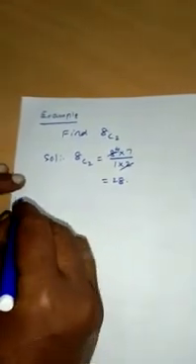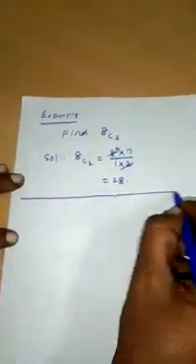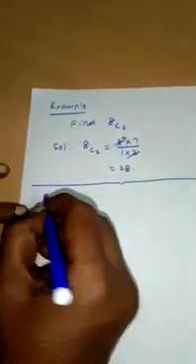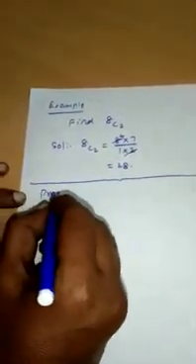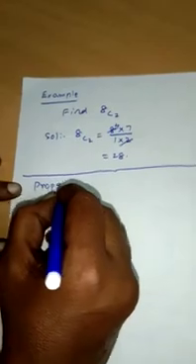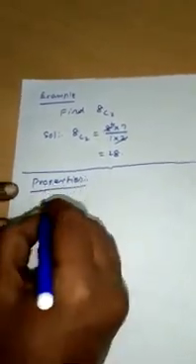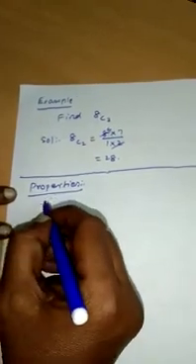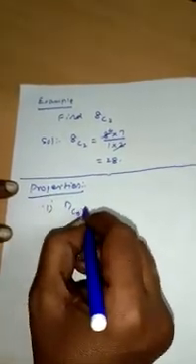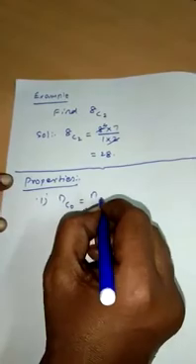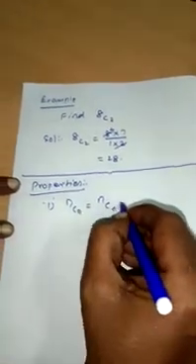Then properties. We have some properties in combination. Property 1: nC0 is equal to nCn is equal to 1.